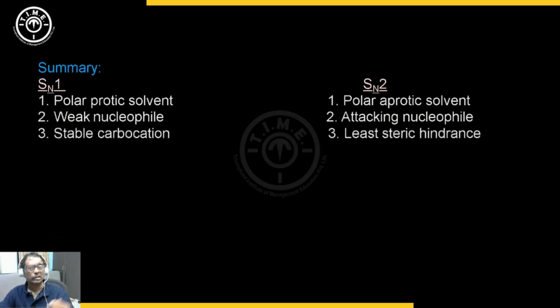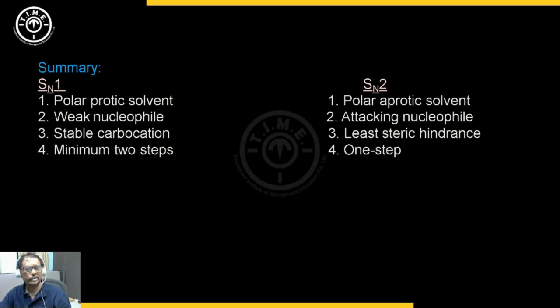Then, the SN1 reaction is based on the stability of a carbocation. If the carbocation is stable, the substance will undergo SN1 reaction. Whereas for SN2 to happen, we need least steric hindrance because the nucleophile has to come and attack the carbon, right? The way has to be clear. So bulky groups should not be there. So steric hindrance has to be minimum there and SN2 is bound to happen easily.